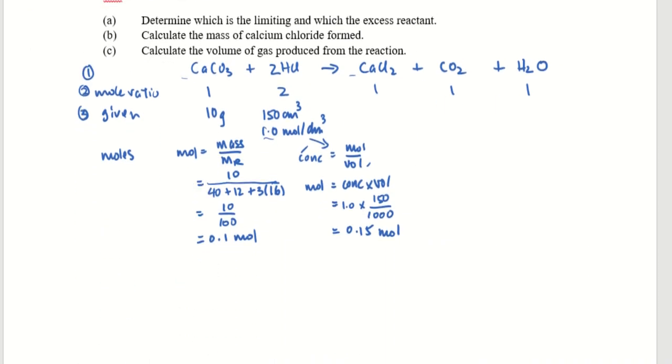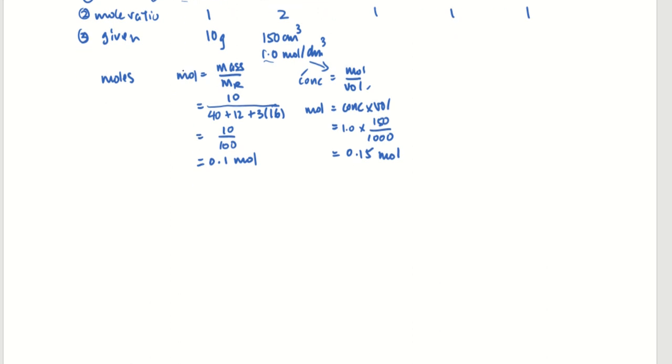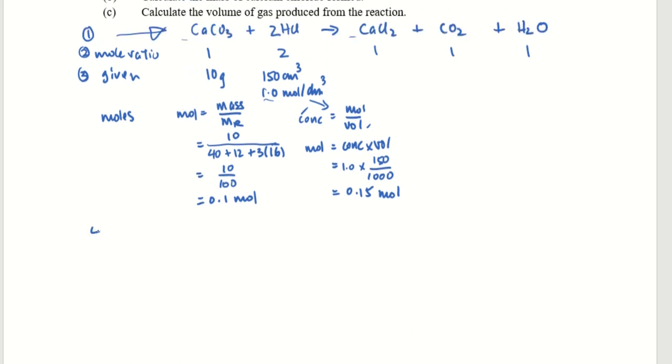We know that the mole ratio of calcium carbonate to hydrochloric acid is 1:2, as given in the mole ratio seen in step 2.